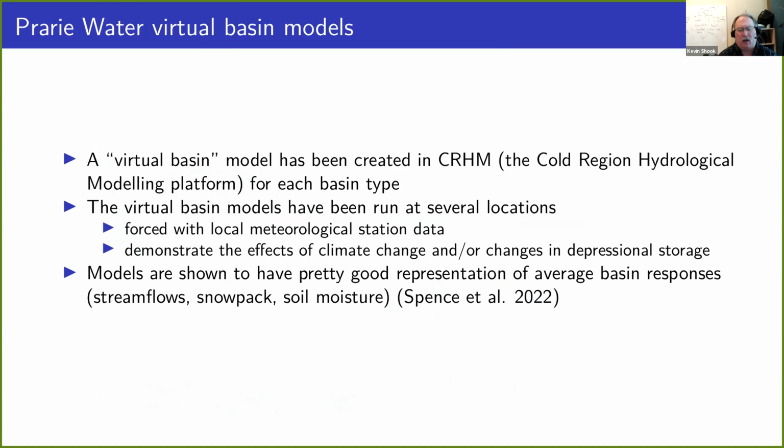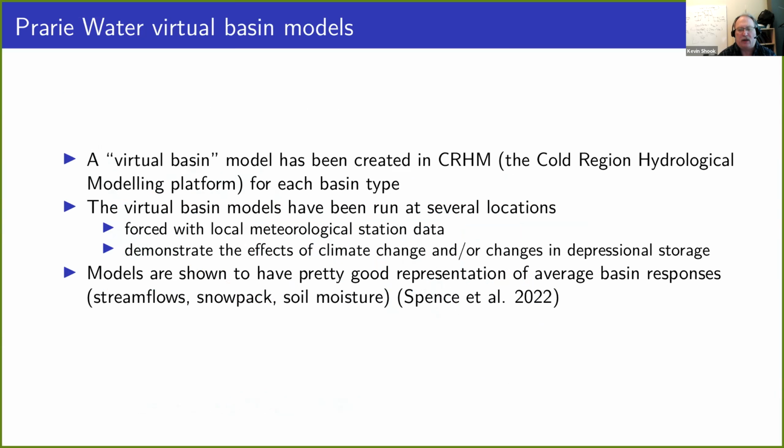As a large part of the work that we've been doing in Prairie Water, we've also built a virtual basin model in CRHM for each basin type. So we have created 7 different virtual basin models. And we have been running these models at several different locations, and we've been forcing them with local meteorological station data.